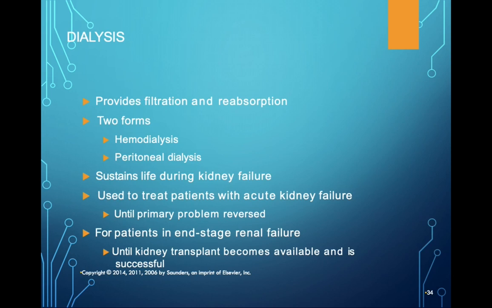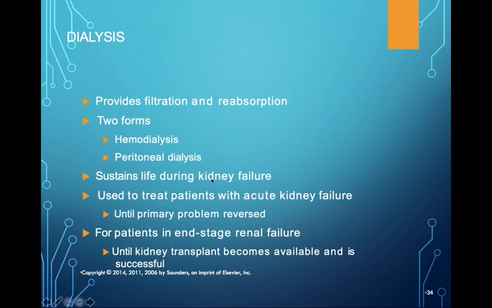Dialysis provides filtration. So if someone has a kidney that's removed, or they're waiting for a kidney transplant, or the kidneys just aren't functioning very well, then they'll go for dialysis, which is designed to help sustain life during the kidney failure.